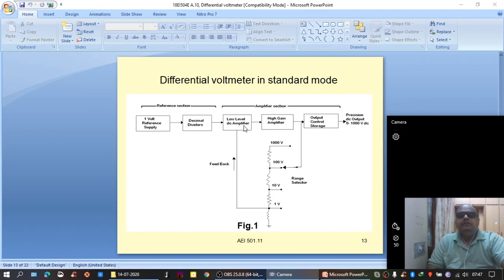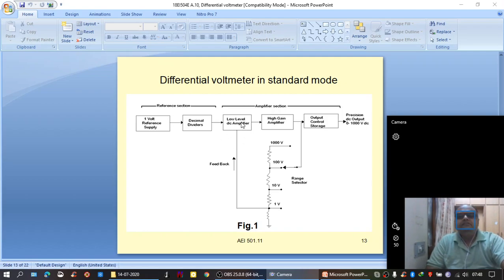Then comes the low level DC amplifier. This 1 volt itself is very low, and it is further reduced by using the decimal divider. The next stage is that the signal is amplified. Say for example we need 30 volts here. Then 1 volt is converted to 0.3 and multiplied by 100. Right? That is how we get the value here.